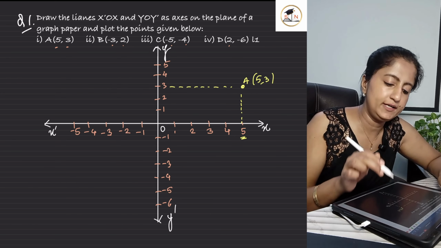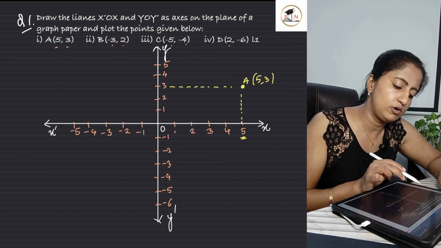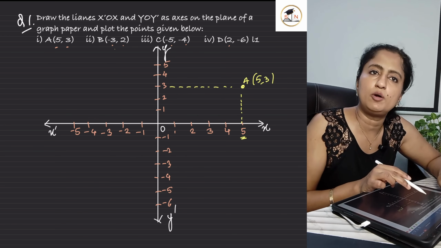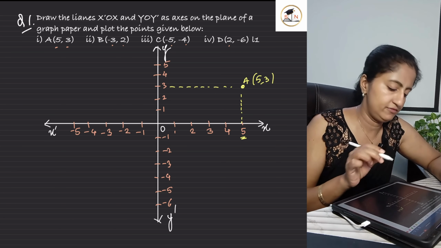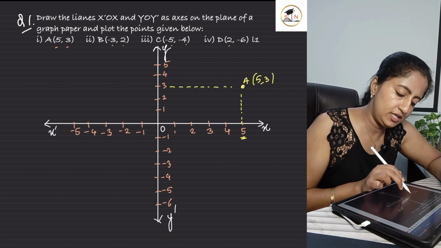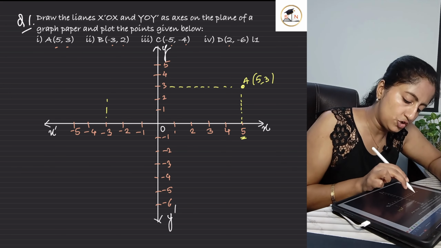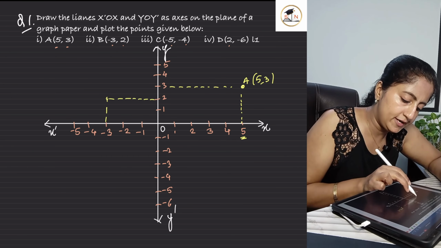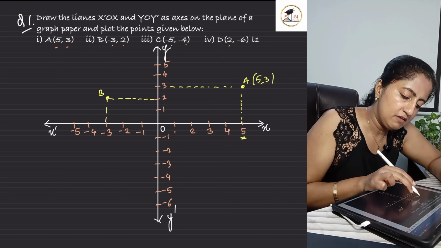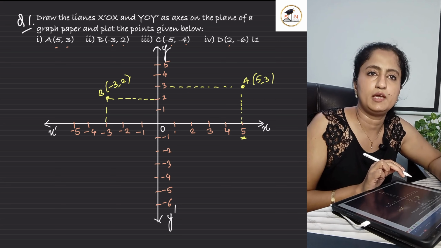This is point A, which is (5, 3). Then we have the second coordinate, that is (-3, 2). Now, negative 3 means x is negative, right? X is negative 3 and 2 is positive. So what we do, we join negative 3 of x and 2 of y, and this point gives us B. We will write the coordinate (-3, 2) over here.